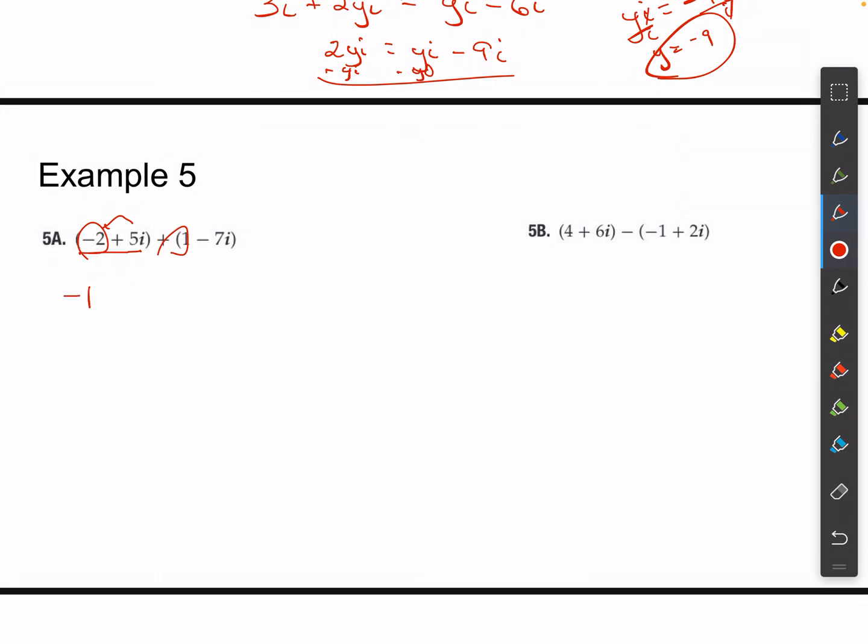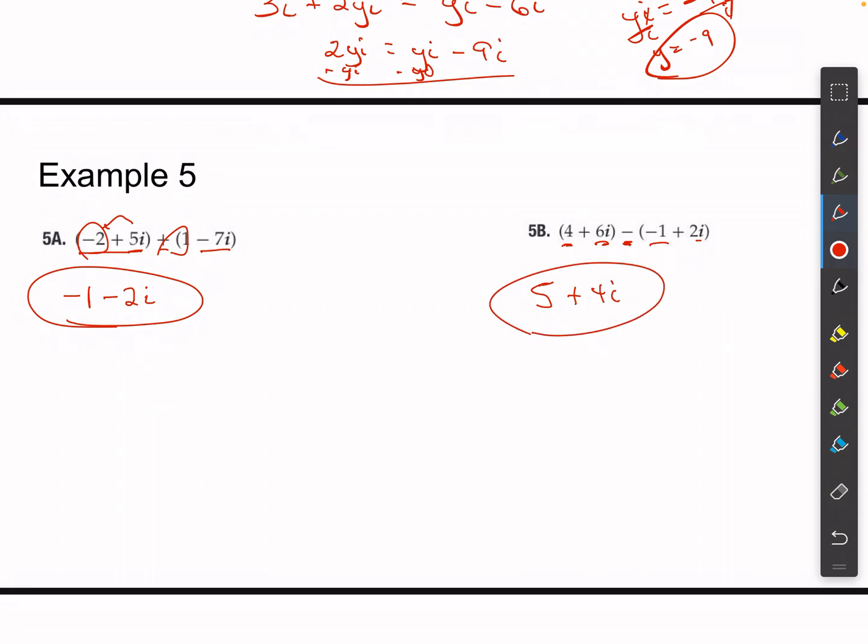And then 5i minus 5i plus negative 7i is going to give me negative 2i. So for 5a, that's all you're doing. You're just combining the real parts with the imaginary parts, combine like terms. Here we have 4 minus negative 1, which is 5. And then we have 6i minus 2i, which is positive 4i.